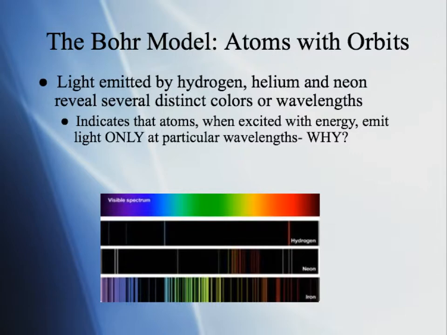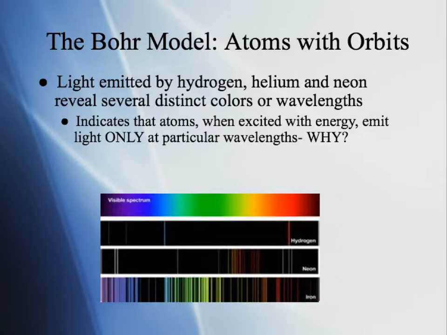All right, so Niels Bohr, one of those guys who came up with the first theory of atomic structure, looked at the emitted light from hydrogen, helium, neon, and other atoms through prisms, basically. And what he saw was that atoms of different elements excited with energy emit only particles at particular wavelengths.